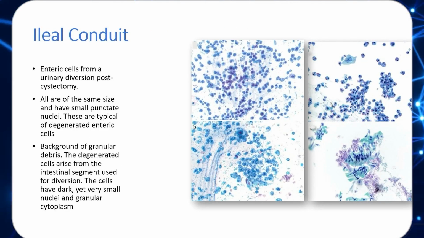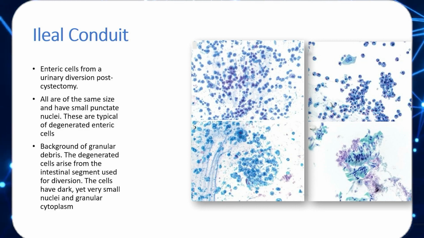Ileal conduit, again, is very easy to recognize because once the patient has had a surgery, post-cystectomy, a urinary diversion is created. This is made out of the ileum. So this is not urothelium, but rather coming from the GI tract. These cells are constantly sloughing off.